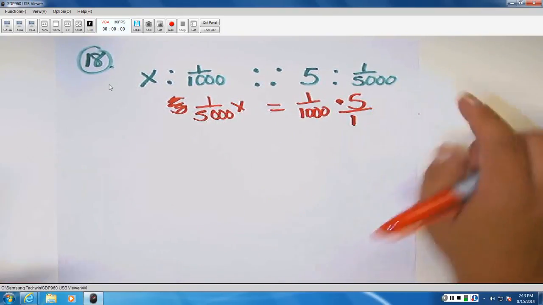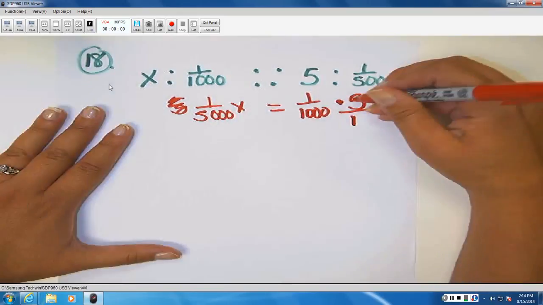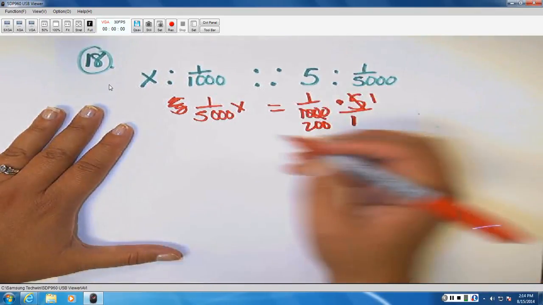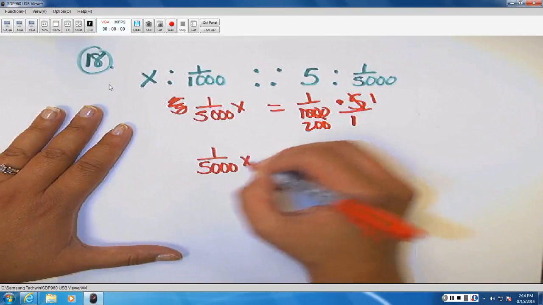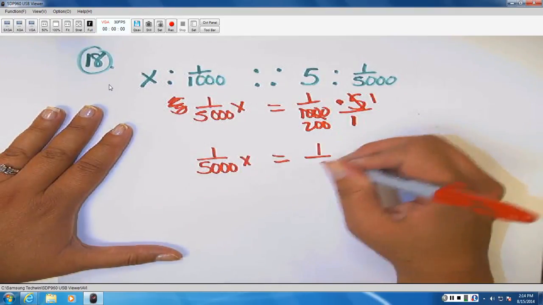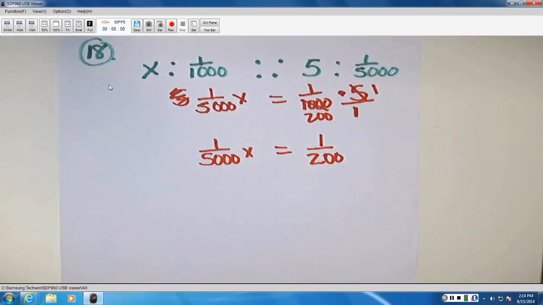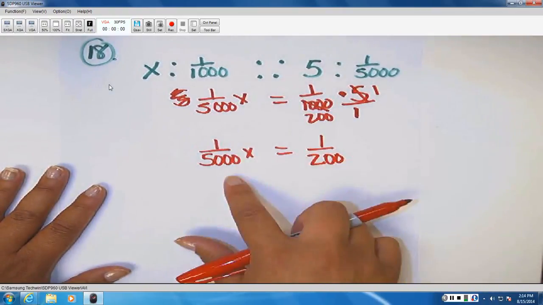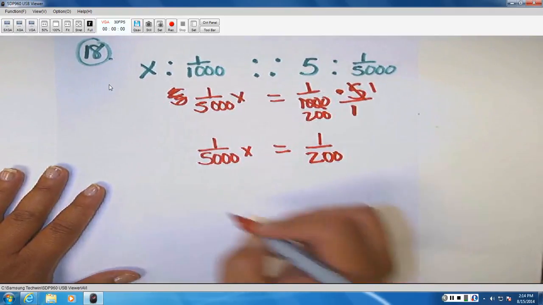I know that 5 will go into 1,000 200 times. So 5 will go into 5 one time, 5 will go into 1,000 200 times, and what I'm left with is 1/200. Now I'm going to have to divide this 1/5000th over here. So it's going to look like this.